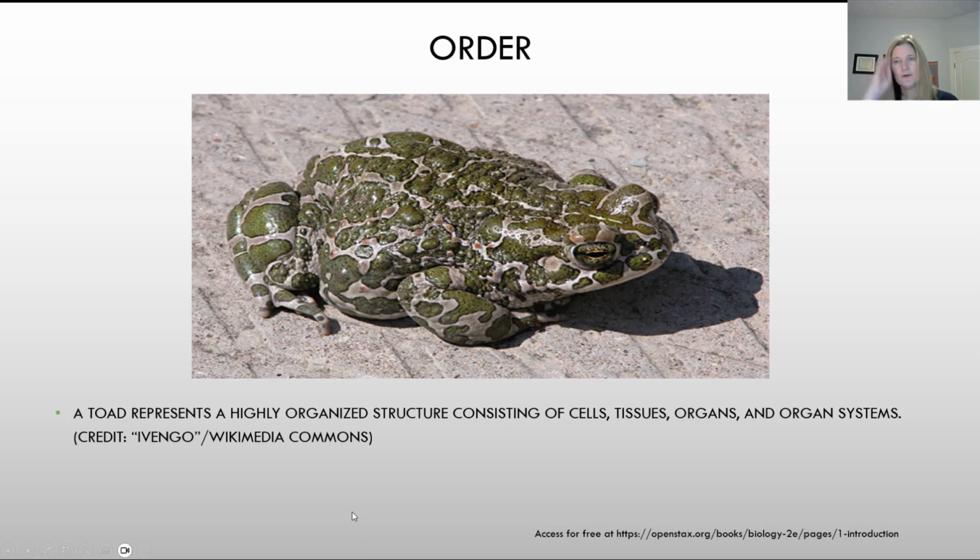So what is order? It basically means that if we take a look at an organism, such as our toad here, you see order within. We might see different systems inside.